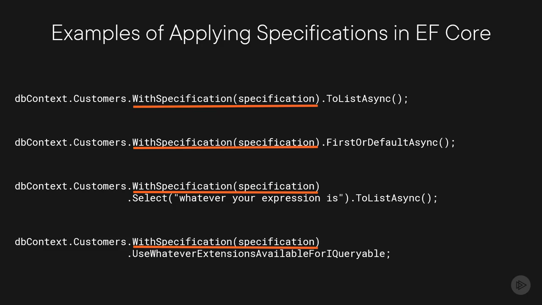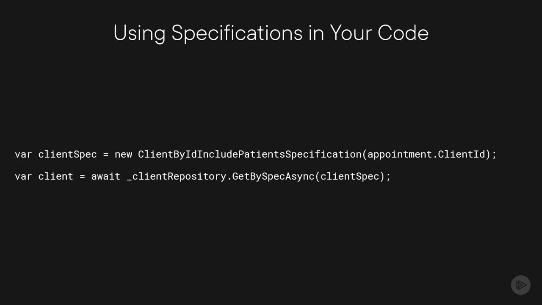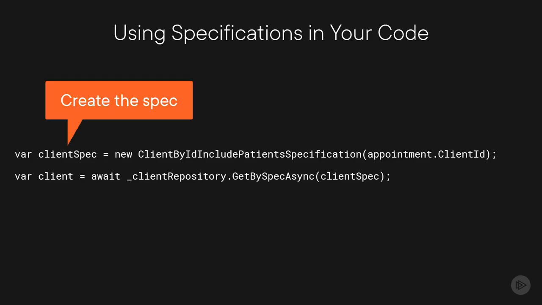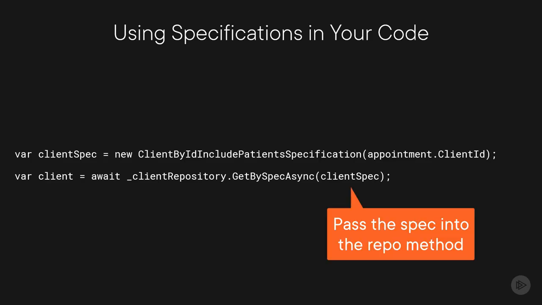In either case, pass the specification to the query object, and it will be used to build the query, which is then executed and results are returned. The resulting code for most queries turns into one line to create the specification and another line to execute the query by passing the specification to a repository or a DB context method.